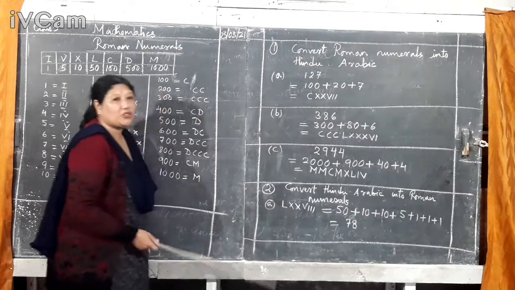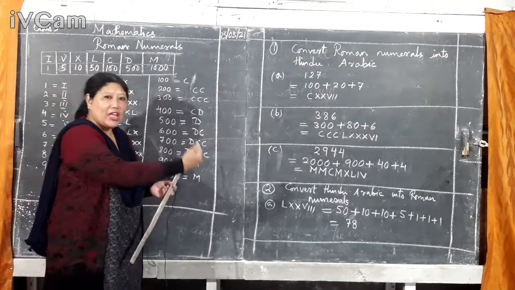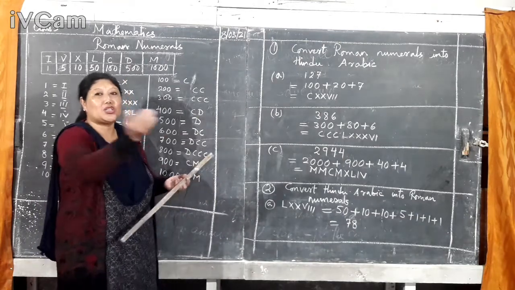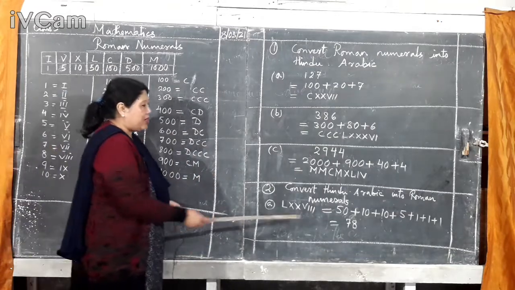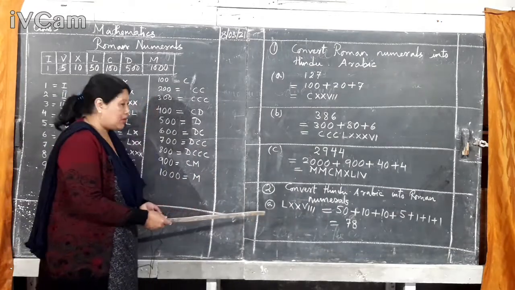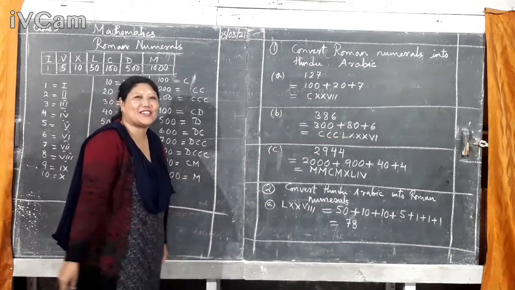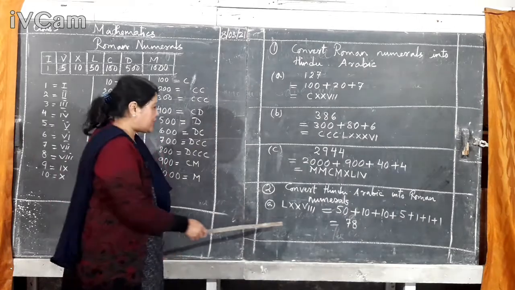Now, our numerals, our number system, Hindu-Arabics, we are going to convert into Roman numerals. Okay. Now, this one is easy, you just have to break it up. If L X X V I III is written, now how to know what this number is?